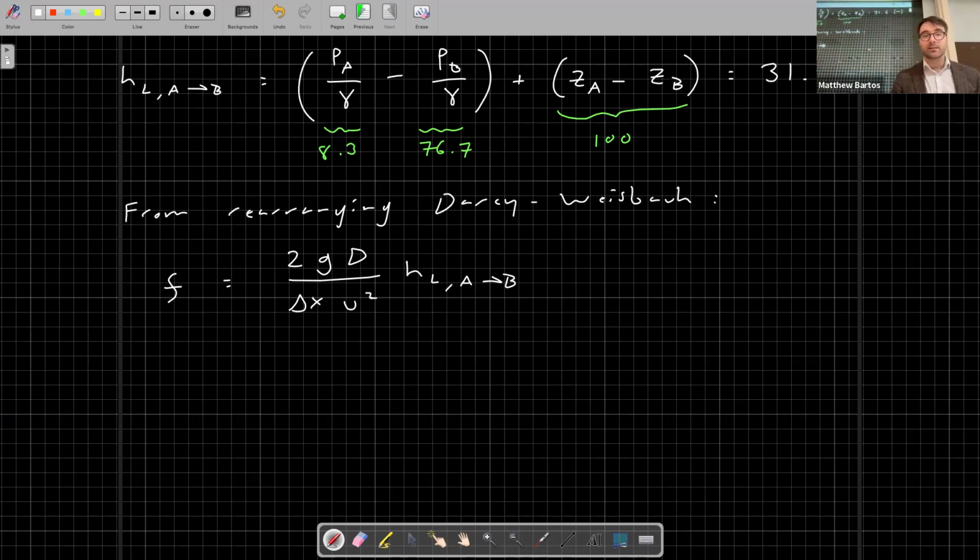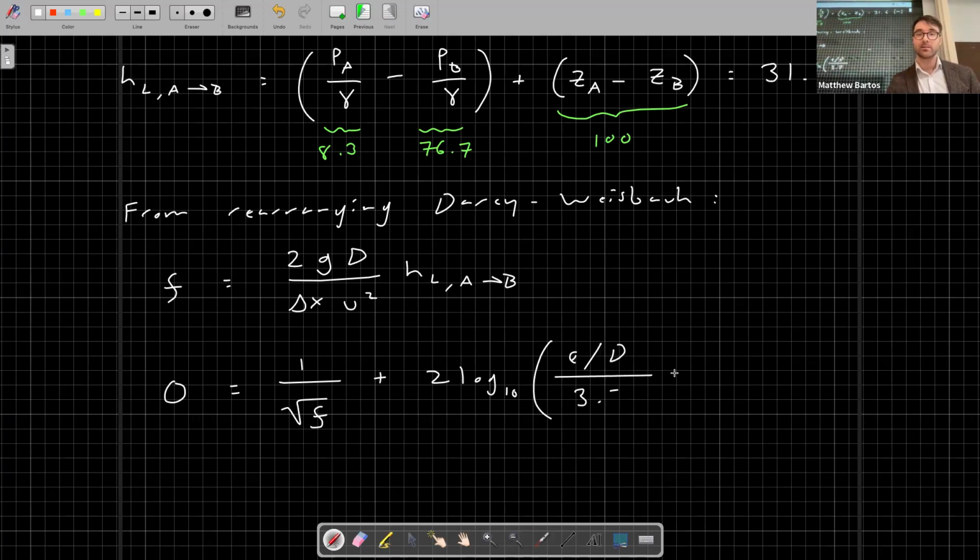We also have still Colebrook-White. So that's 0 is equal to 1 over the square root of F plus 2 log 10 times quantity E over D divided by 3.7 plus 2.51 divided by the Reynolds number times the square root of the friction factor. Okay, so we have 2 equations remaining. What quantities in these equations are unknown?